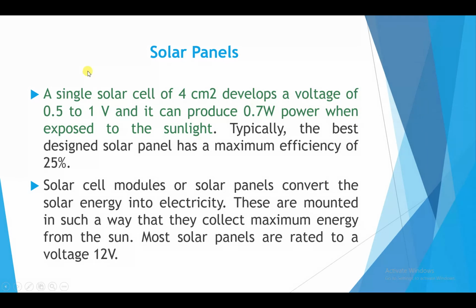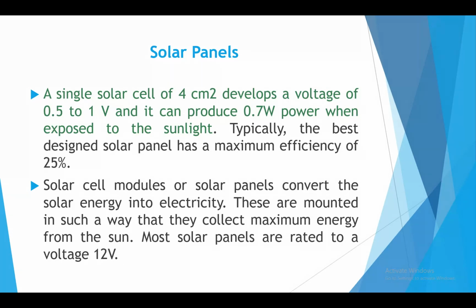Then, as we know that a solar panel is made of solar cells, a single solar cell of 4 centimeters square develops a voltage of 0.5 to 1 volt, and it can produce 0.7 volt when exposed to the sunlight. Typically, the best designed solar panel has a maximum efficiency of 25%.